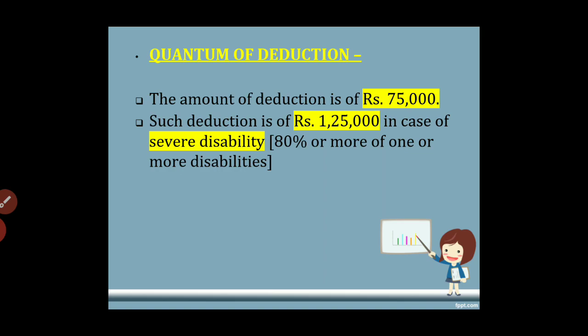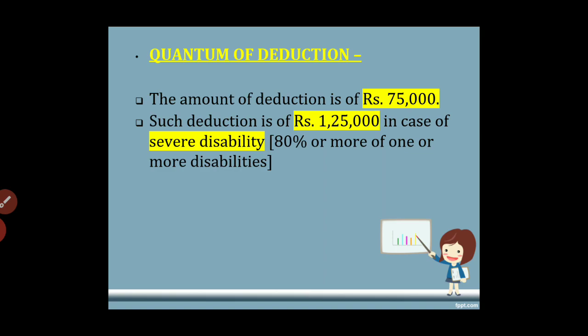Maximum 75,000 સુધીનું deduction તમે મેળવી શકો. Such deduction is rupees 1,25,000 in case of a severe disability. That means if that person or handicapped dependent relative is severely disabled, in the bracket you can read over here, 80% or more of one or more disabilities, right?